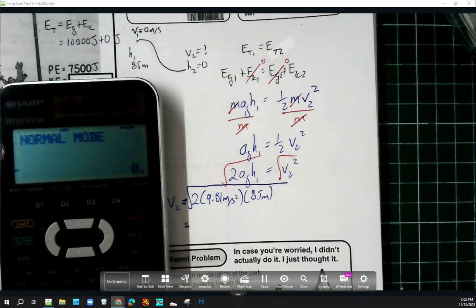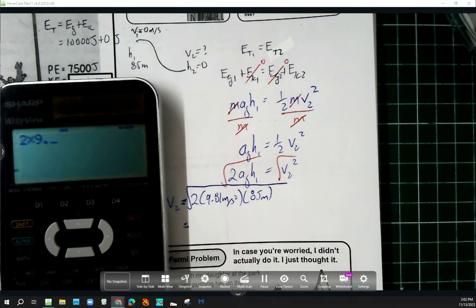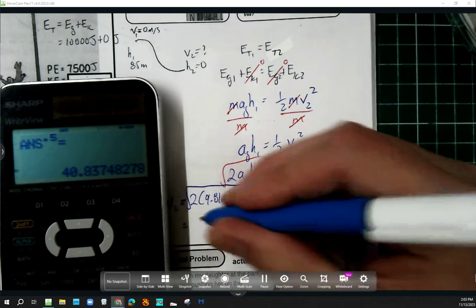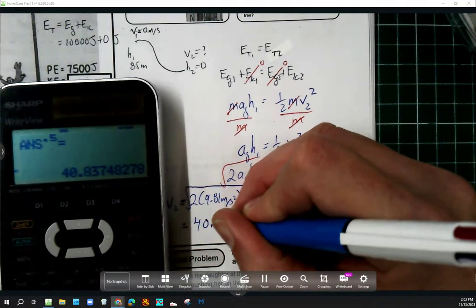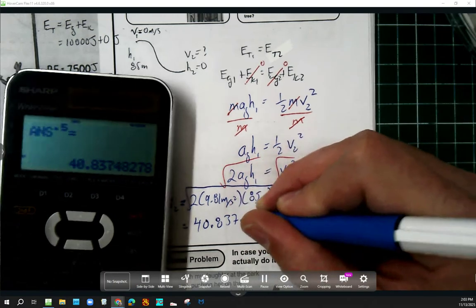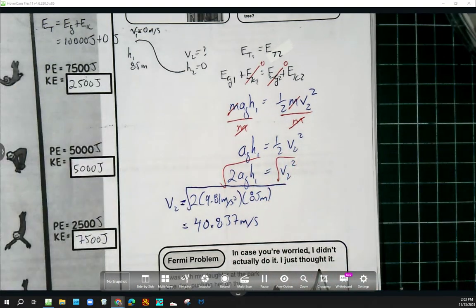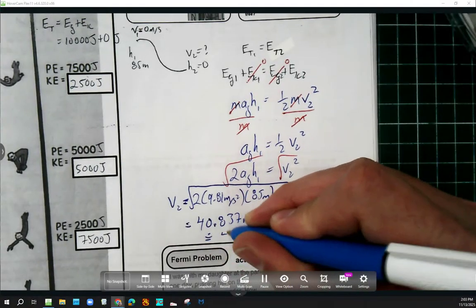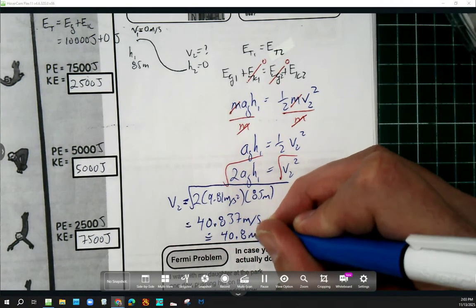And I can say 2 times 9.81 times 85 equals the power of 0.5, our square root, is equal to 40.837 meters per second. And it looks like we had 3 significant figures way back when at the beginning. So about 40.8 meters per second.